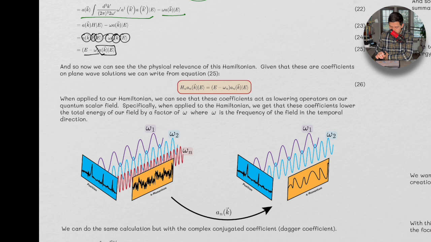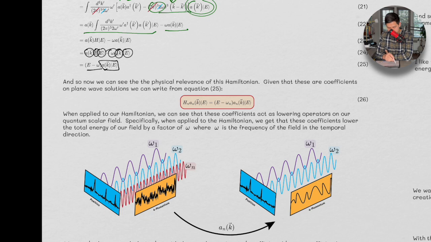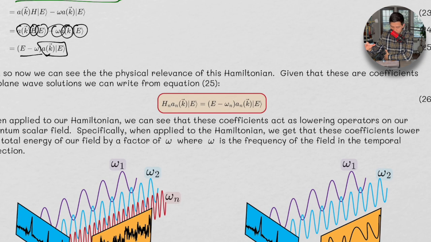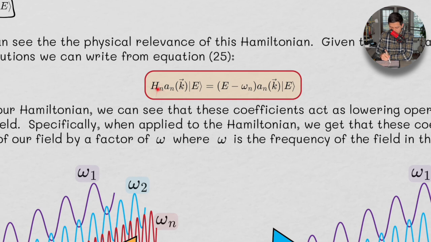Given that these are coefficients, again, on the plane wave solutions, we can write from equation 25 that we have now this, right? So now we're fleshing everything out, because remember, the n's now become relevant. The n's specify which wave these coefficients are sitting on.